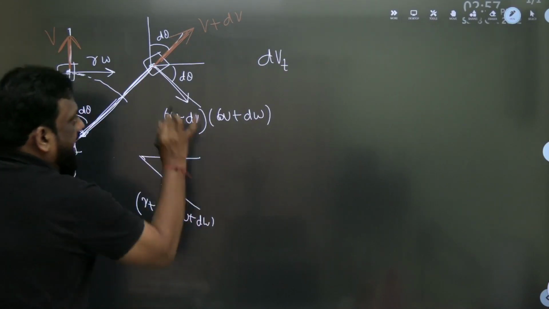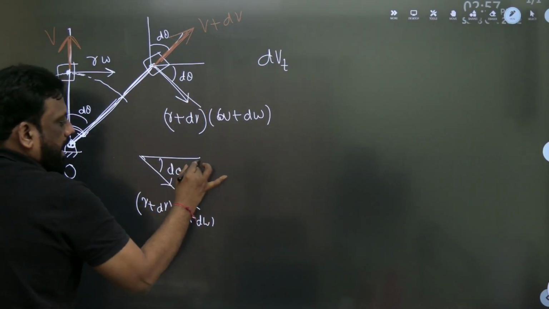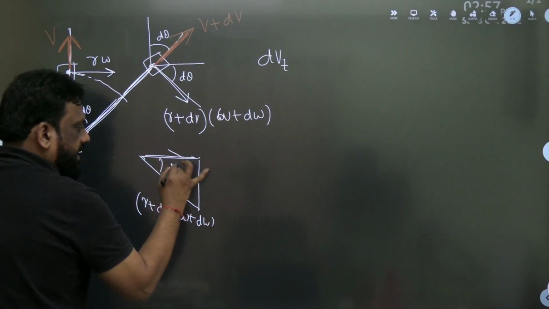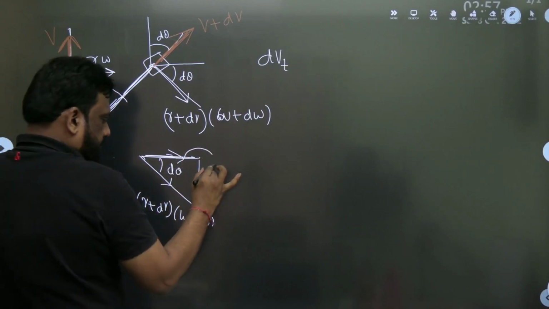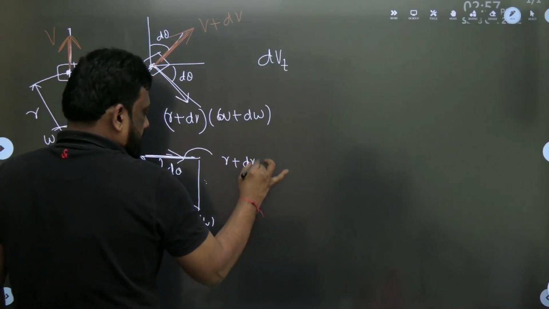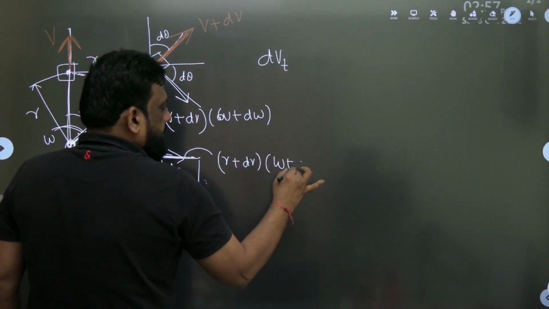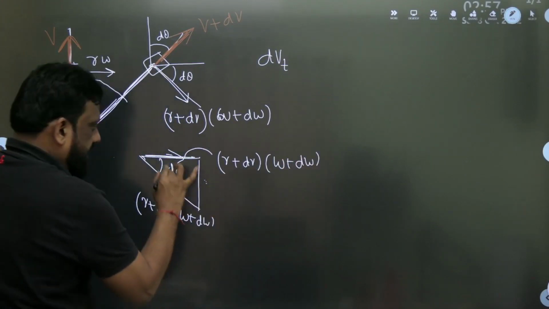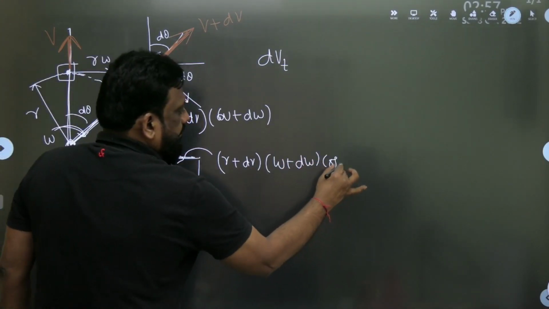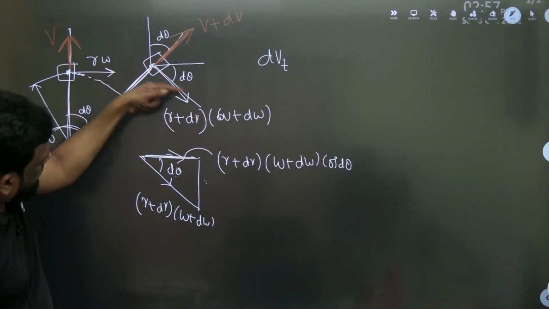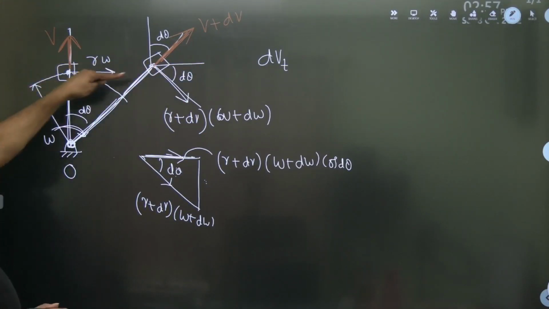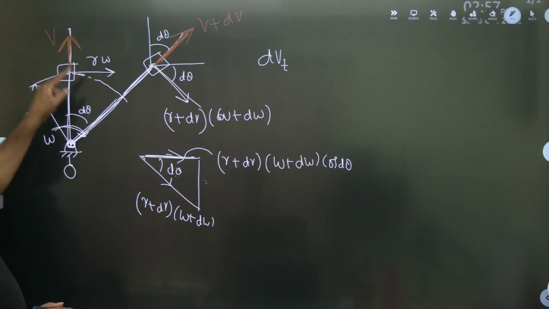Now this angle is d theta. I want this in the tangential direction. Opposite will be sine and this will be cos. So this will be r plus dr into omega plus d omega, cos d theta. Exactly. So we have found the component of this velocity in the tangential direction. Tangential means here with respect to original.